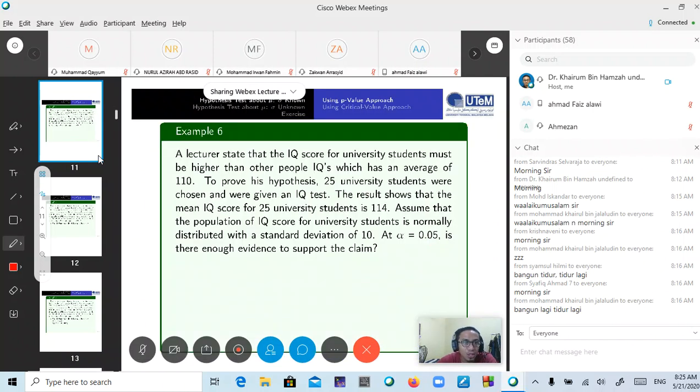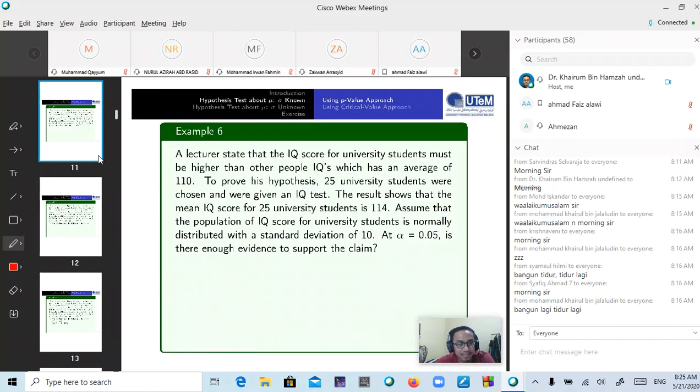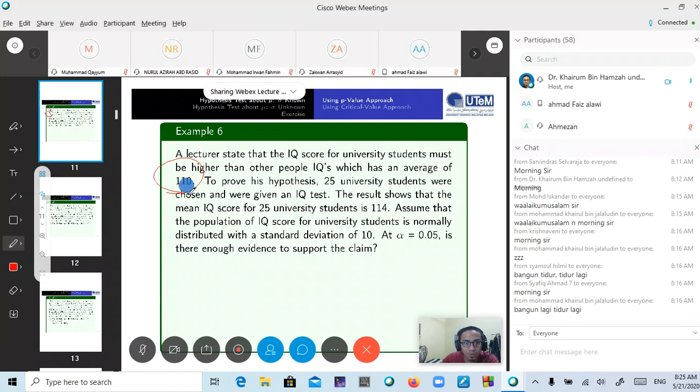And then look at example 6. A lecturer states that the IQ score for university students must be higher than other people, which has an average of 110. So this average 110 is based on your population, so 110 is your mu. To prove his hypothesis, 25 university students were chosen and given an IQ test.